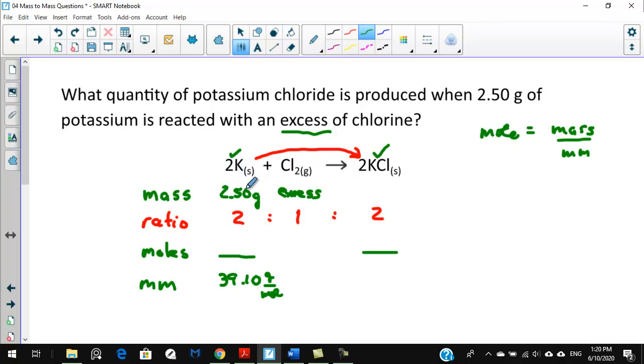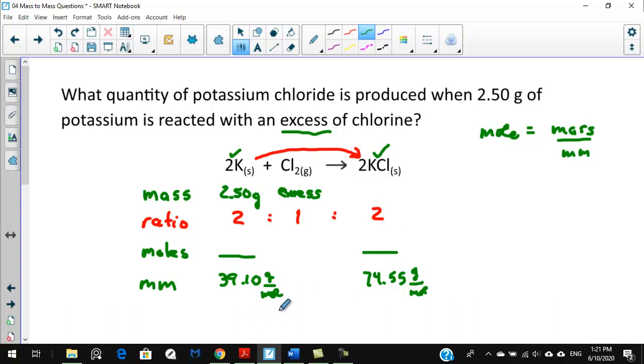So that's how much 1 mole of atoms weighs. And then potassium chloride, if you go through the process and add it up, equals 74.55 grams per mole. And that's just for 1 mole of molecules. Again, I know there's a 2 here, but we don't use that when we calculate the molar mass. The molar mass is always for 1 mole.